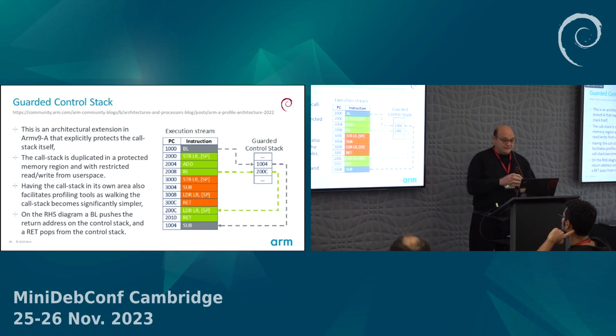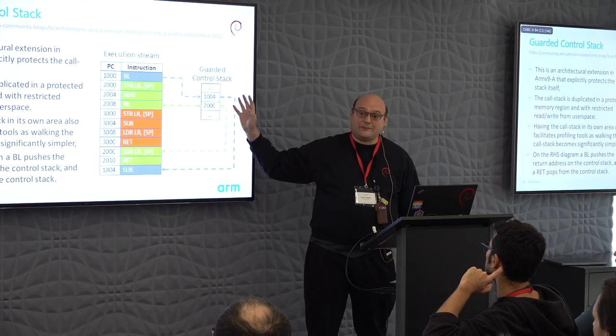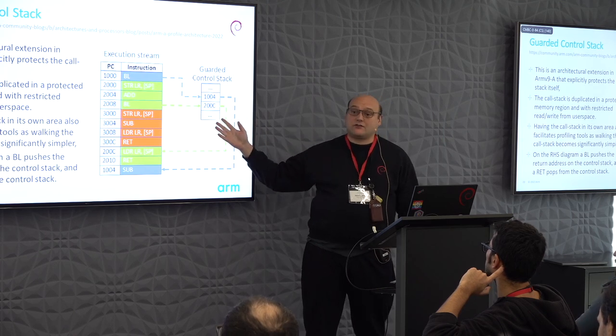The idea is we protect the call stack more formally. It's duplicated and protected with a series of architecture and kernel enhancements. Your control stack is kind of somewhere else, and it can only be manipulated by certain mechanisms to try and limit the possibility of corrupting the call stack.